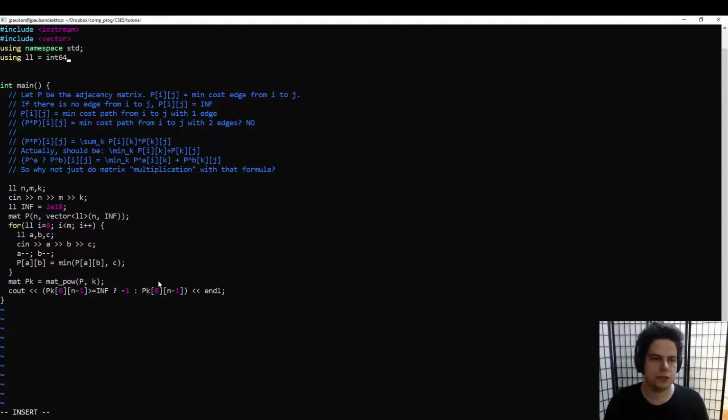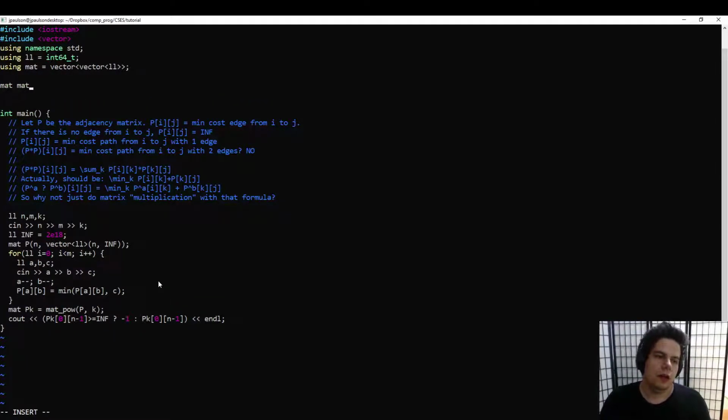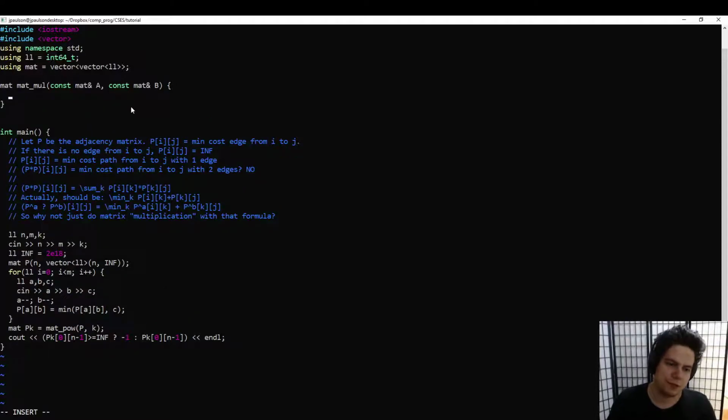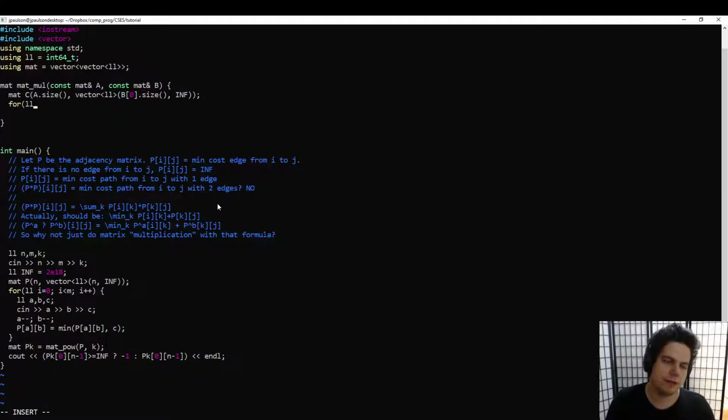LL equals int64_t. Mat is a vector of LL. So this is like a weird matrix multiplication, right? It's not normal matrix multiplication. It's going to be this operation. But actually it looks very similar. Because we're doing mins, we want to start everything at infinity.